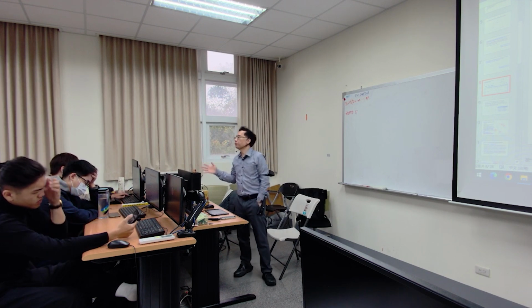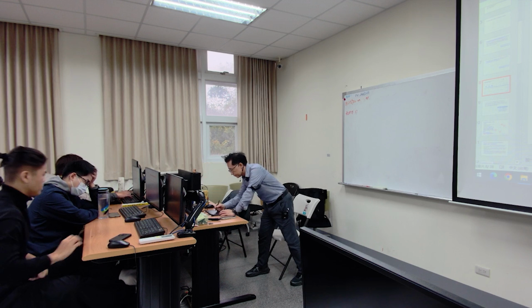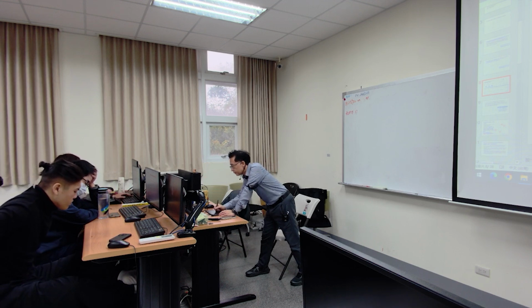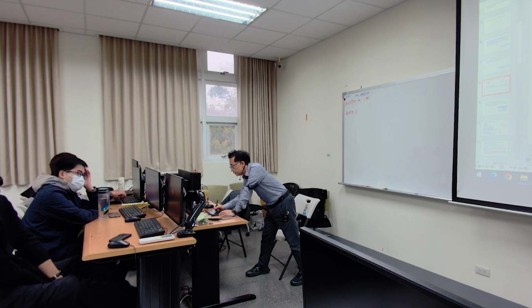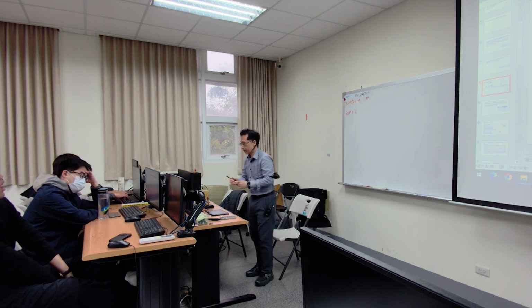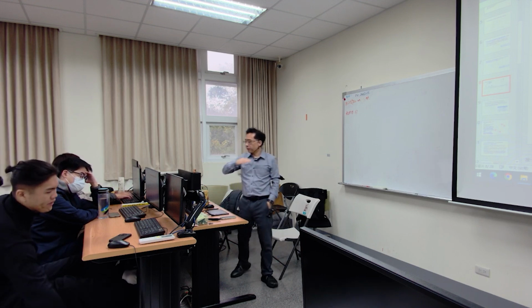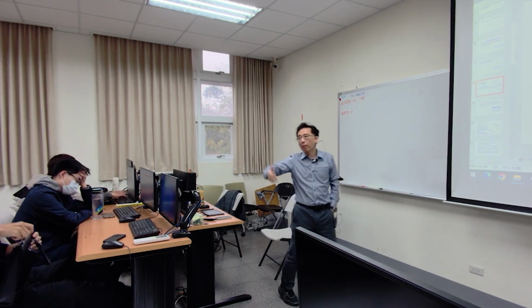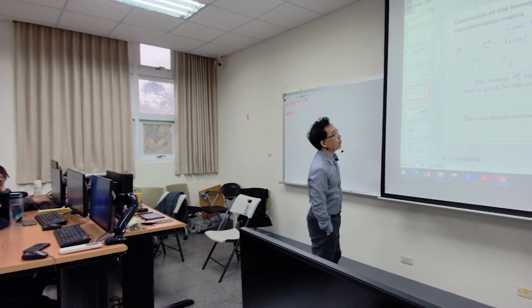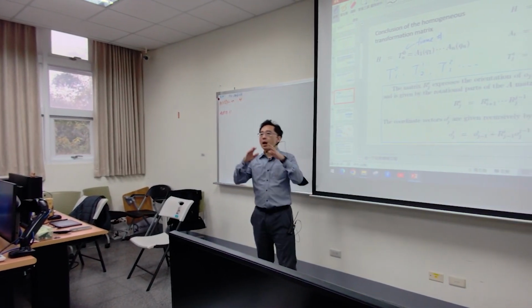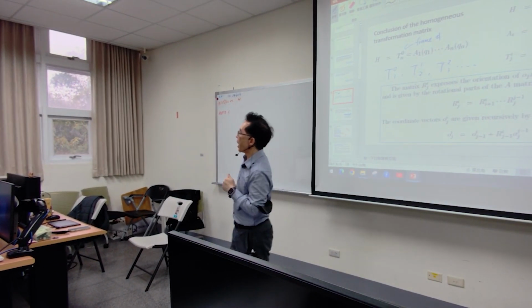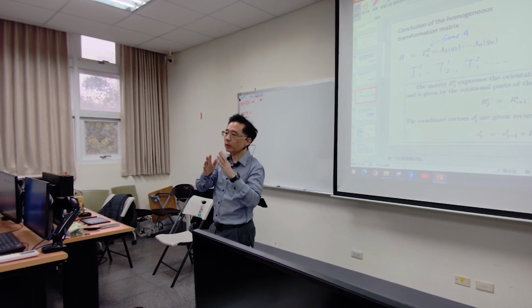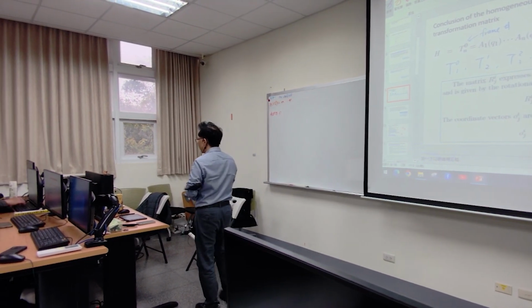Between frame to frame, I will call it a frame. This is a frame number. Between frame to frame, we build up the relationship by multiplying the transformation A_i matrices, A1, A2, A3, something like that.